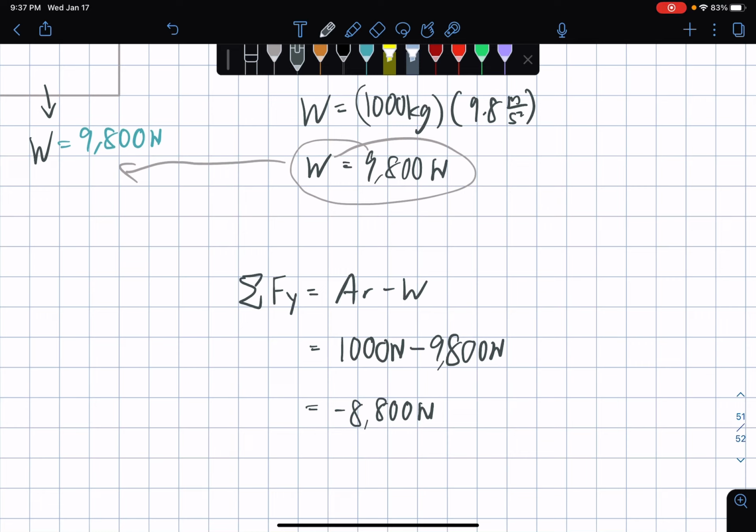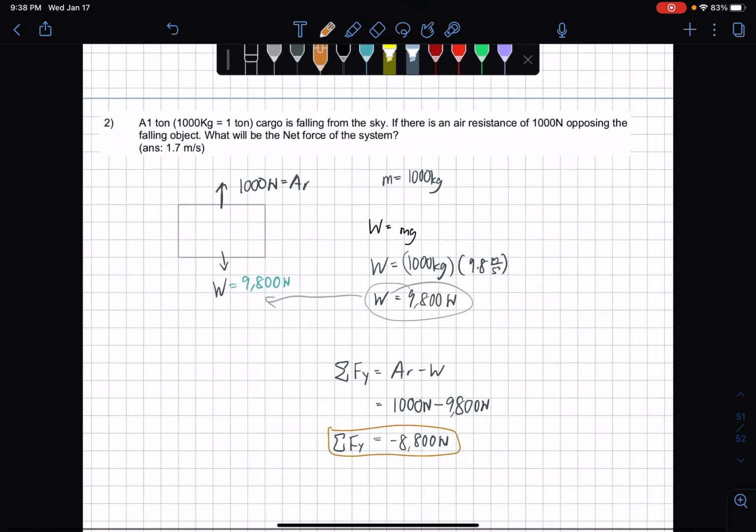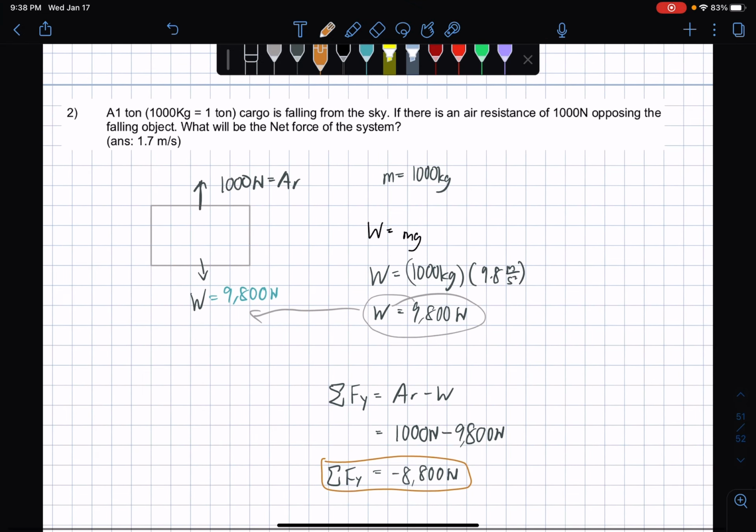The longer it stays midair, the more kinetic energy it gathers, and that translates to a much greater final velocity going down, the vertical velocity, VFY. So I suppose that is the net force of the system.